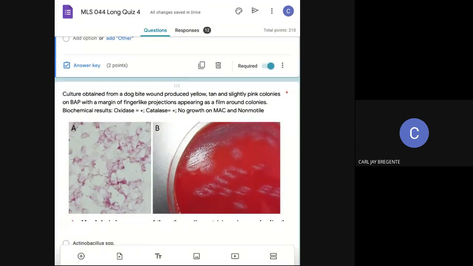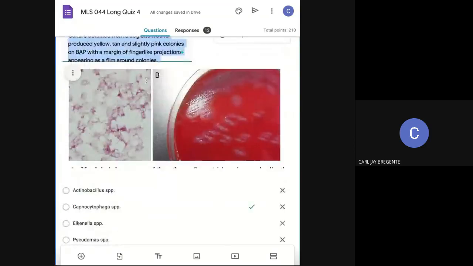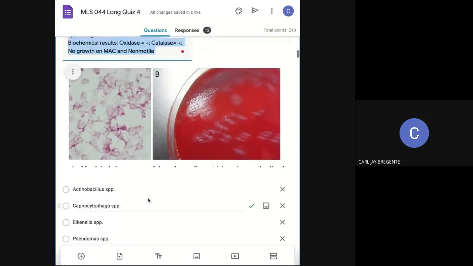Culture obtained from dog bite wounds. So you have there already a clue nga dog bite wounds siya which produce yellow tan colonies. So that is Capnocytophaga.